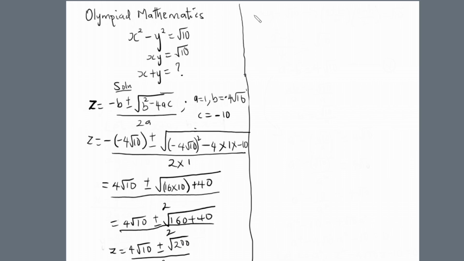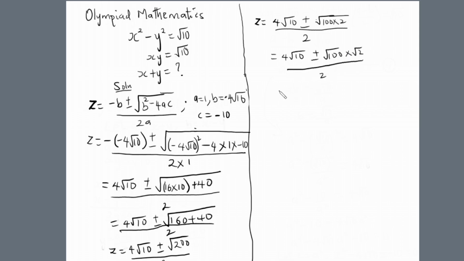Now I can break the square root of 200 down. Square root of 200 is 100 times 2, so that we don't get confused, divided by 2. That is 4 root 10 plus or minus the square root of 100 times the square root of 2, divided by 2. That is 4 root 10 plus or minus the square root of 100, which is 10 root 2, over 2.